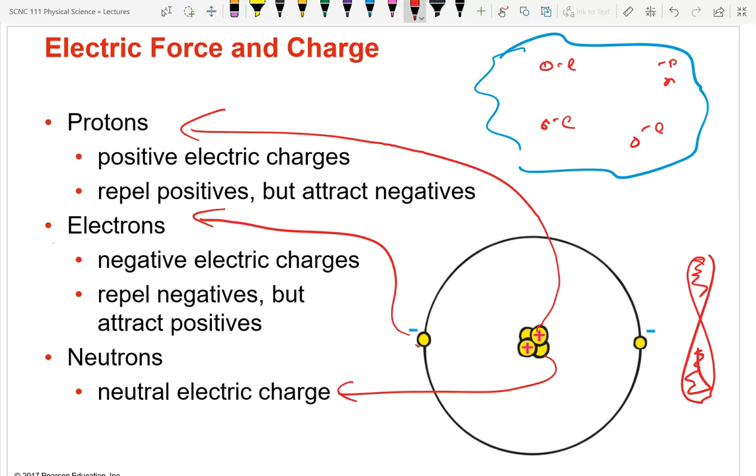If a neutron has 0 charge, what does that tell you about the force due to the electromagnetic properties? Opposites attract, likes repel. What is a 0 going to do?